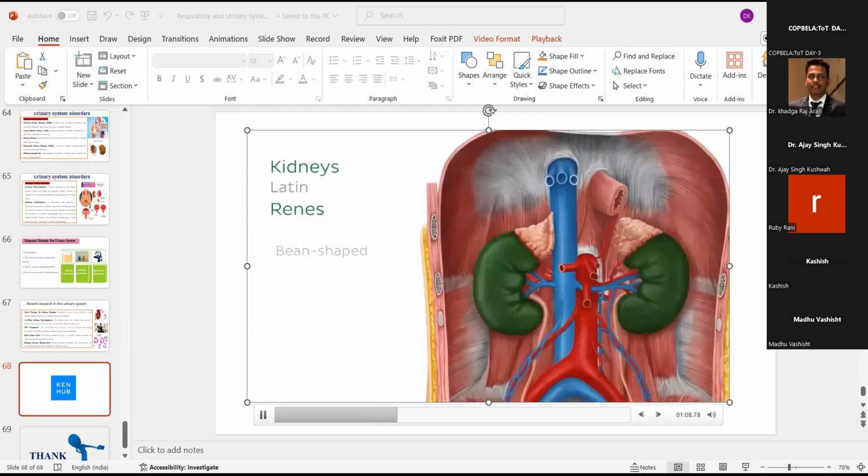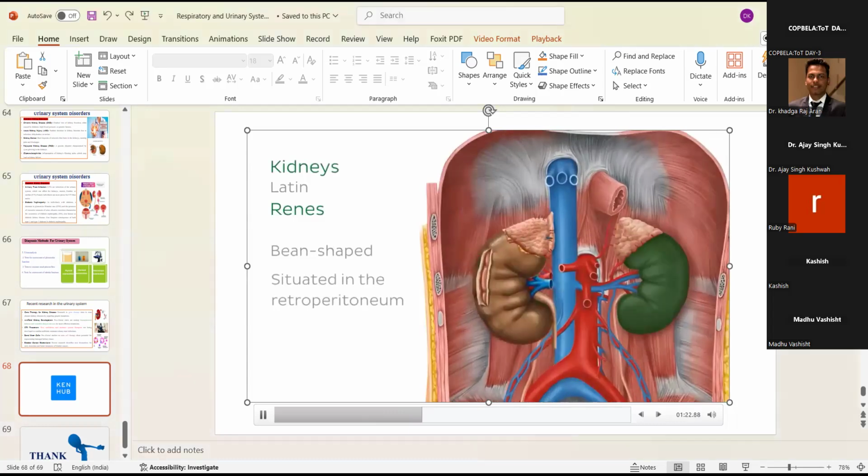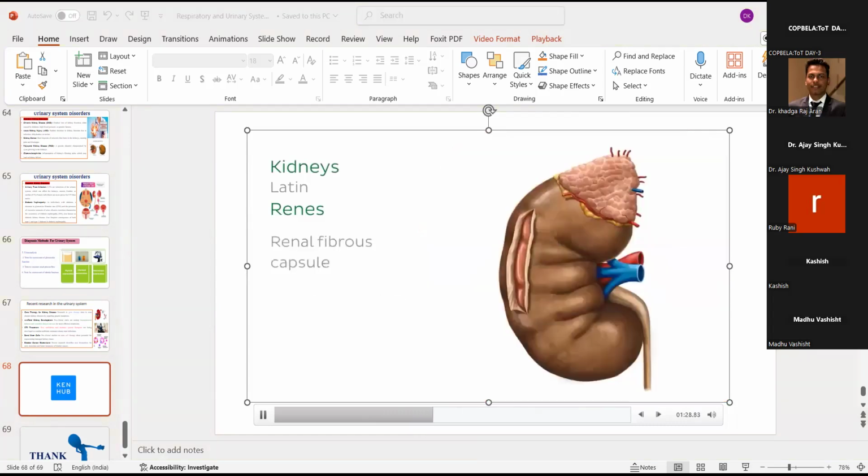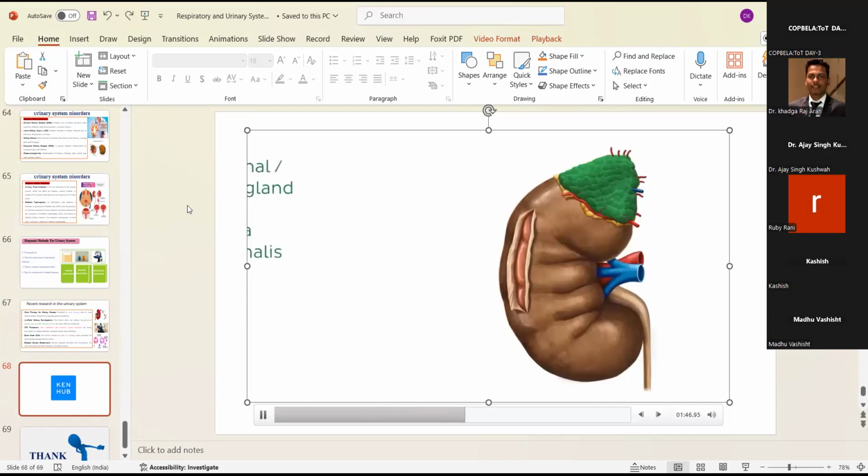These are two bean-shaped organs located in the abdominal cavity. They are located in the retroperitoneum underneath the intraperitoneal organs, which have been removed in this illustration right here. Each kidney is invested in a thin connective tissue capsule known as, you would expect, the renal fibrous capsule, which we see here. This protects the kidneys from damage or injury. Also seen from this view, at the superior pole of each kidney is an endocrine gland enclosed in a fibrous capsule and a cushion of perirenal fat called the suprarenal or adrenal gland, which we highlighted here.